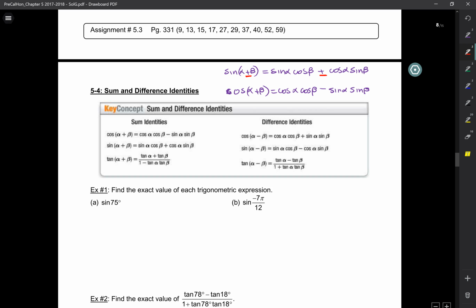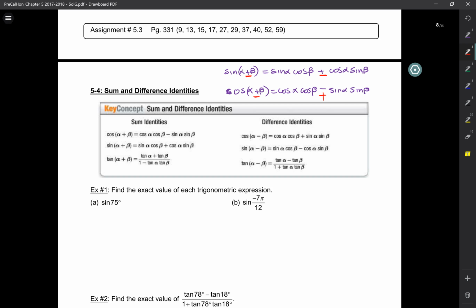The cosine is the opposite. If there was a minus here, then there is a plus there. So for the sine, a plus stays as a plus, the minus remains a minus. The cosine will switch. If it starts with a plus, then it's a minus. Minus will switch to a plus.